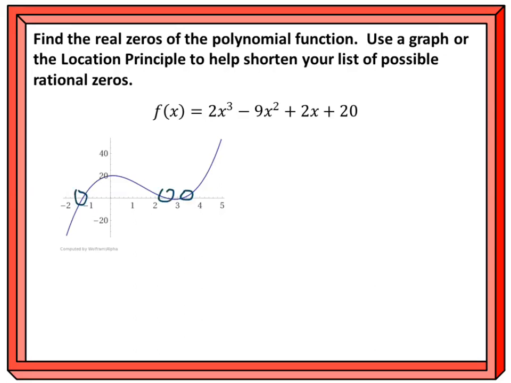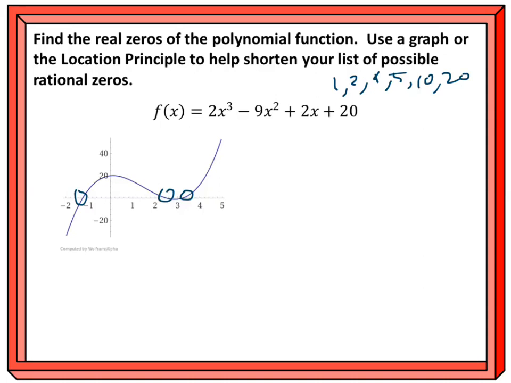All right, now where I'm going to start is by using the rational zero test or theorem, and I'm going to list out all the possible factors of 20, which are 1, 2, 4, 5, 10, and 20.